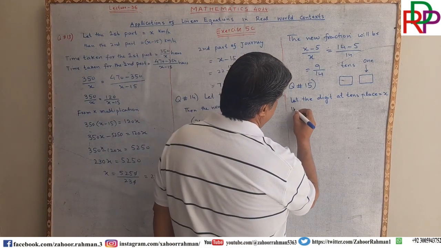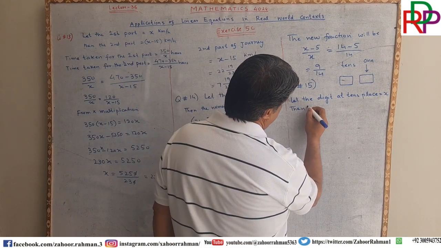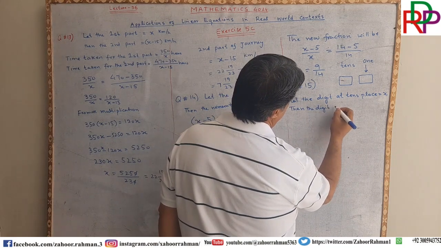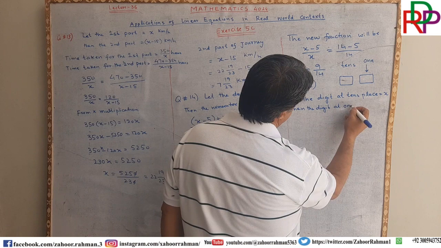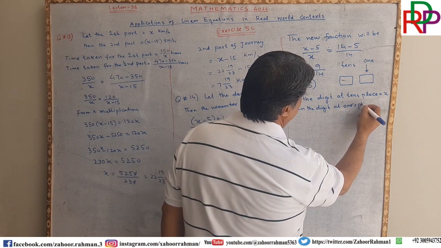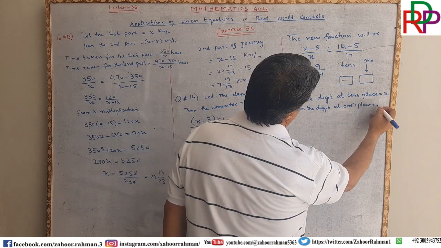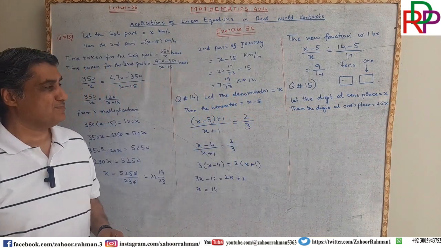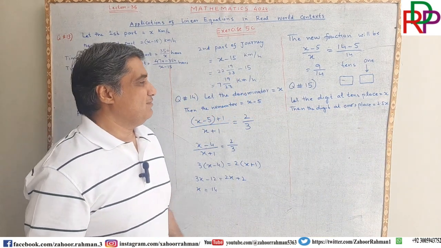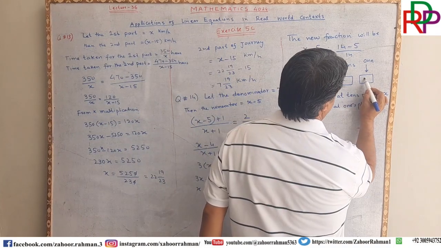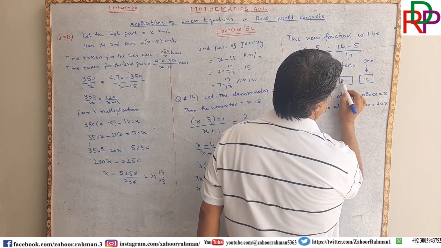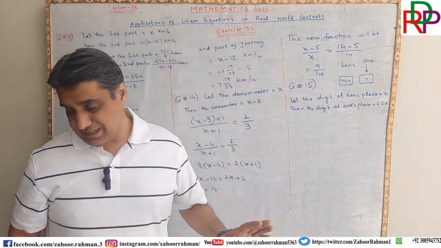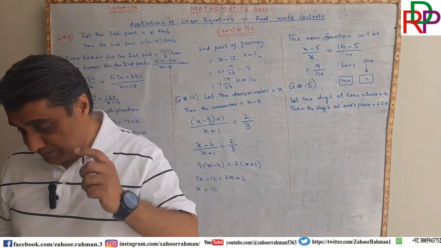Then the digit at ones place will be equal to 2.5x. For example, we are saying that this is x and this is 2.5x. They have given us this scenario.